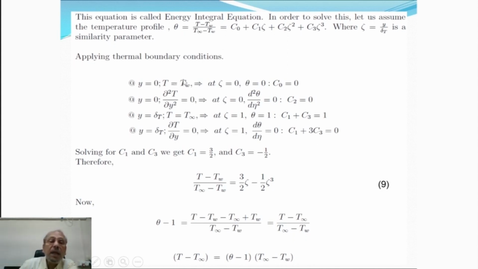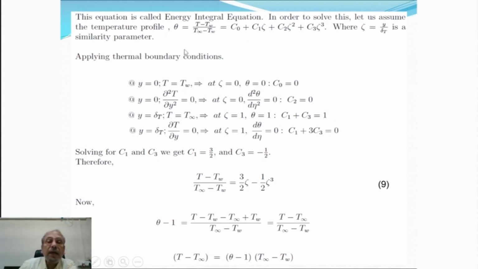Then we apply the third boundary condition: at y equal to delta t, T equal to T infinity. That means at xi equal to 1, theta equal to 1. Already we have seen C0 and C2 are 0, so from this expression we get C1 plus C3 equal to 1.